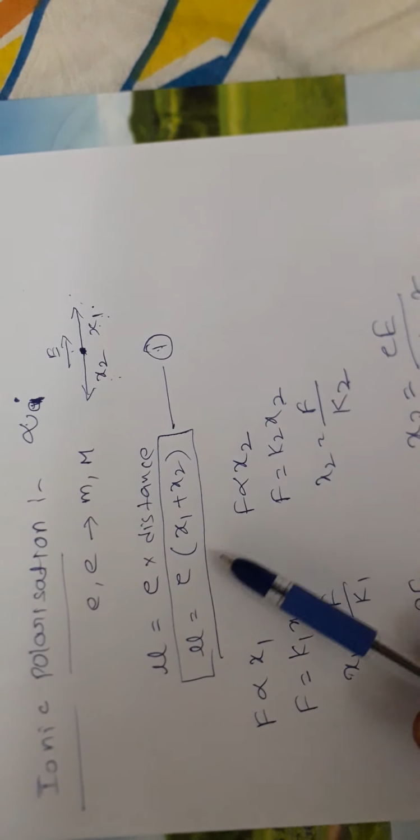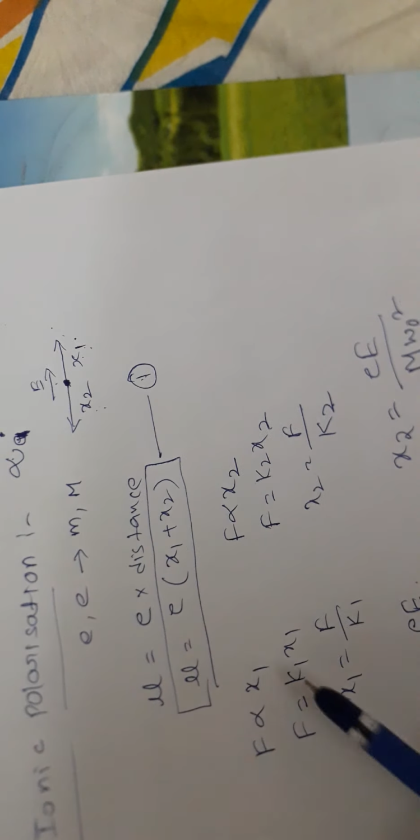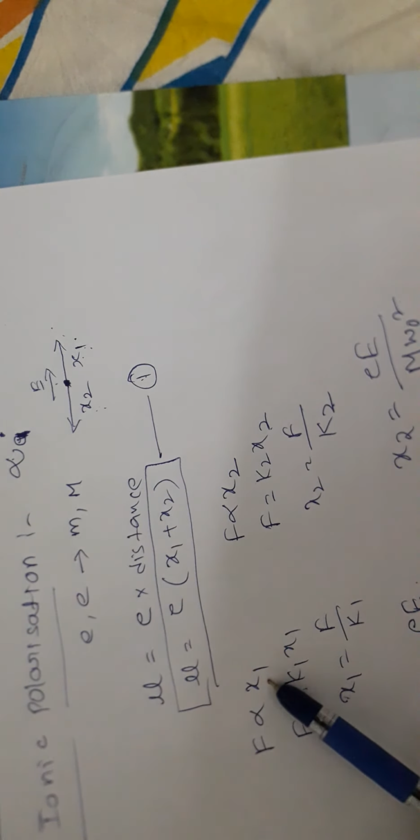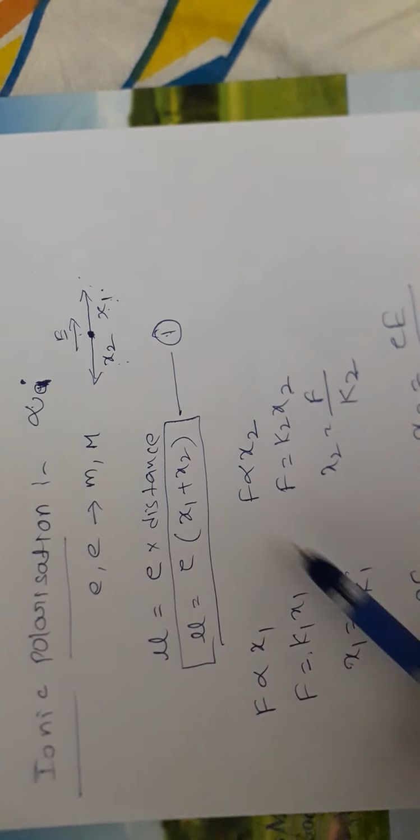So here we take the two ions, positive ion and negative ion. When the field is applied, the positive ion travels distance x1 and the negative ion travels distance x2, and for the total polarizability we calculate mu equals E into (x1 plus x2). Now the force is directly proportional to x1 and x2, removing the restoring force constant.